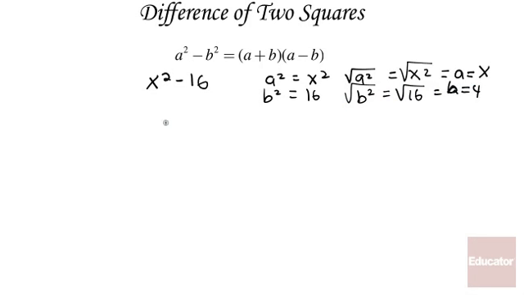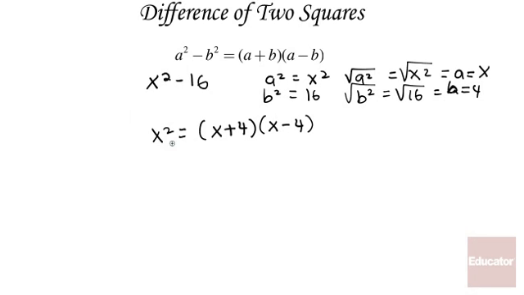So this can be factored as a plus b, where a is x and b is 4, times a minus b, where a again is x and b is 4. So again, by recognizing this pattern, you can much more quickly factor these types of expressions.